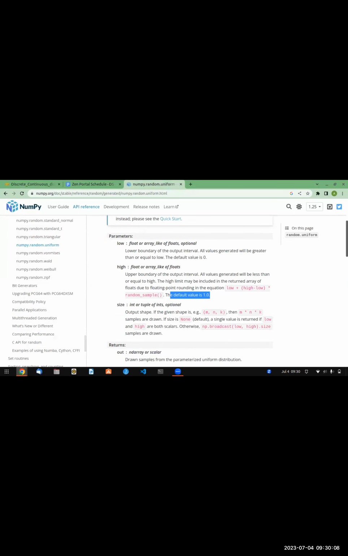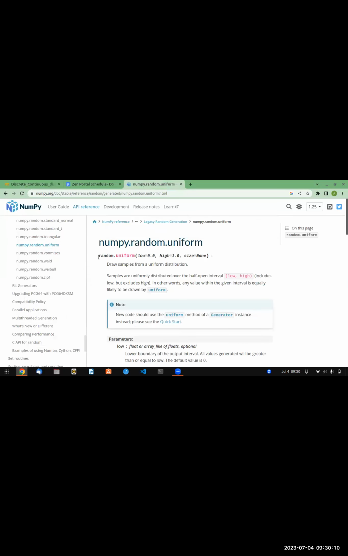Okay, so whenever you come to a function, always read this line and the line below. This is very important. This line will tell you what the function is actually doing. Draw samples from a uniform distribution. What do you mean by uniform distribution?